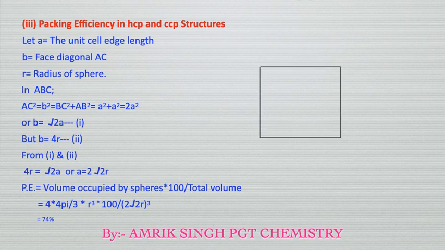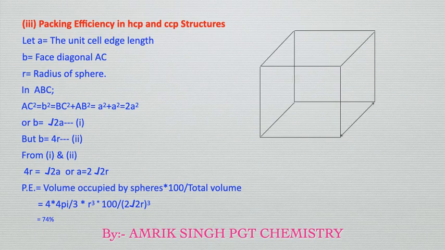For this, we will have to draw the HCP or CCP structure first, and we are drawing it. The face-centered sphere is between A and C. The corner spheres are at corners A and C, and the sphere in between these two is at the face center.